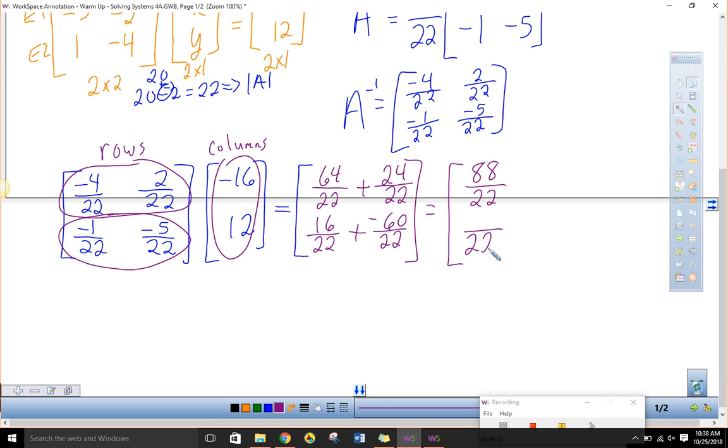Is it going to be positive or negative? Negative 44. So what's my actual answer here? 88 over 22 is 4, and negative 44 over 22 is negative 2.